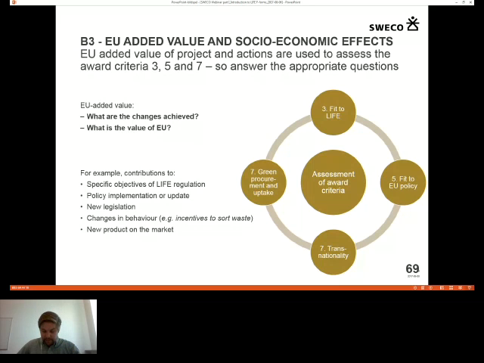It is explicitly written that you can get a full score if you're bringing in beneficiaries from other countries, as long as you can show that they're contributing to the solution of the problem that you're addressing in your project, and that they are carrying out some actions abroad as well. So bring on an international partner if it's possible.